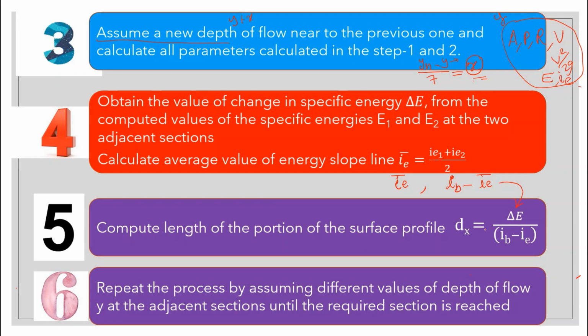Now, knowing the length of each section, we can add all the lengths to obtain the total length of the water surface profile, and repeat the process by assuming different values of depth of flow at adjacent sections until the required section is reached. So these are the 6 steps to analyze water surface profile length by using the direct step method.